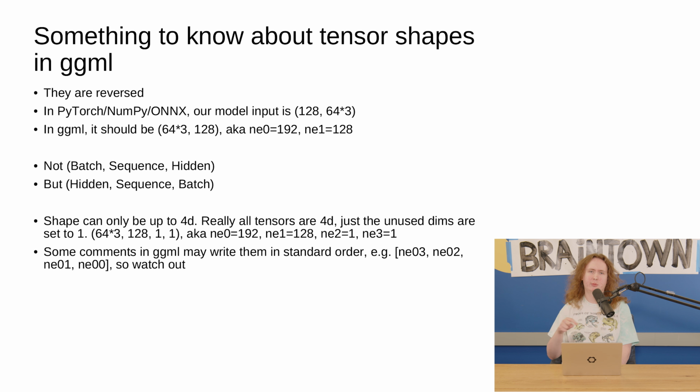If you add a new dimension, the new dimension would appear on the left instead of the right. In GGML, it's reversed, so new dimensions appear on the right side. Some stuff in GGML may refer to dimensions in standard order, so just watch out for the numbering.